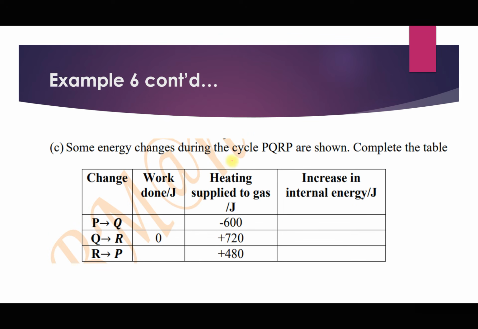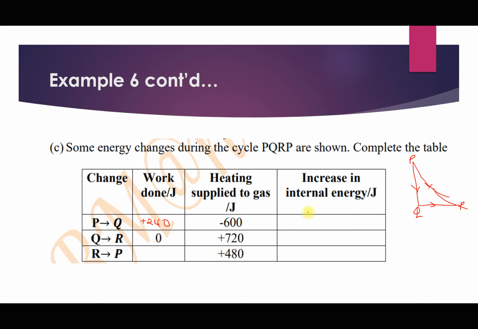Some energy changes during the cycle P, Q, R, P are shown. Complete the table. So I'll just sketch here the graph, it was somehow like this, where this was P, Q, R, and it was in that direction. So we have seen that P to Q, the work done is positive 240 joules.